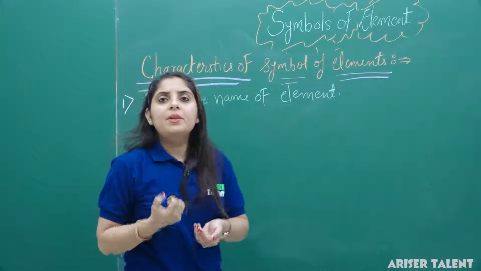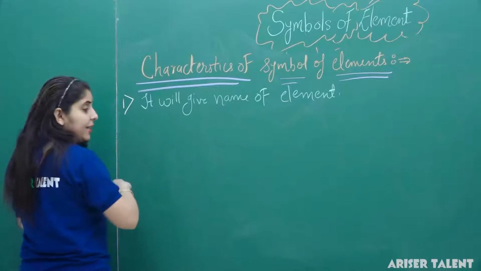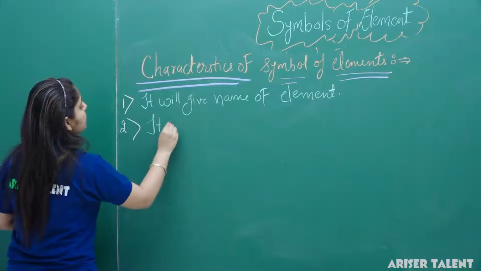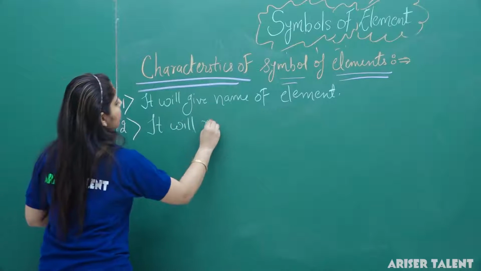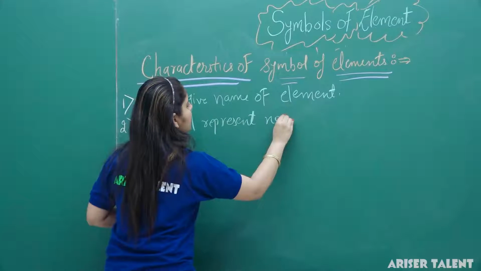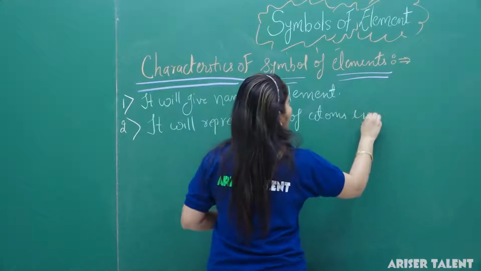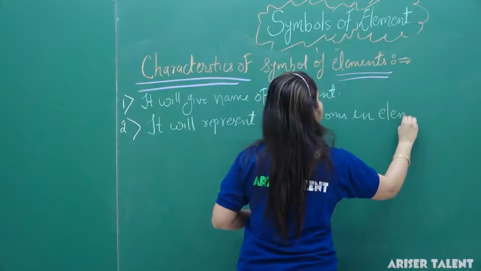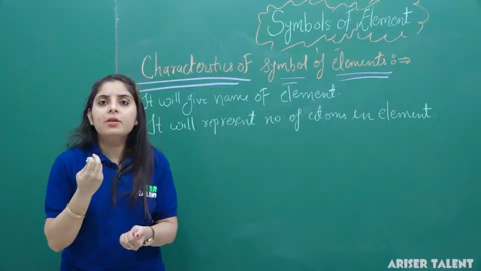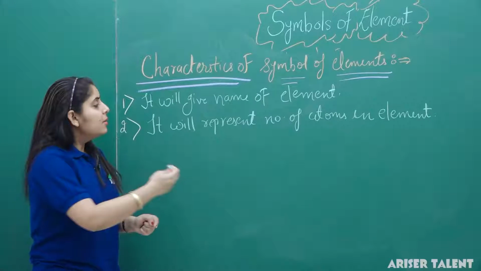Second, it will represent the number of atoms present in an element. Firstly, the symbol will give the name of the element. Second, the symbol will tell you how many atoms are present in that element.